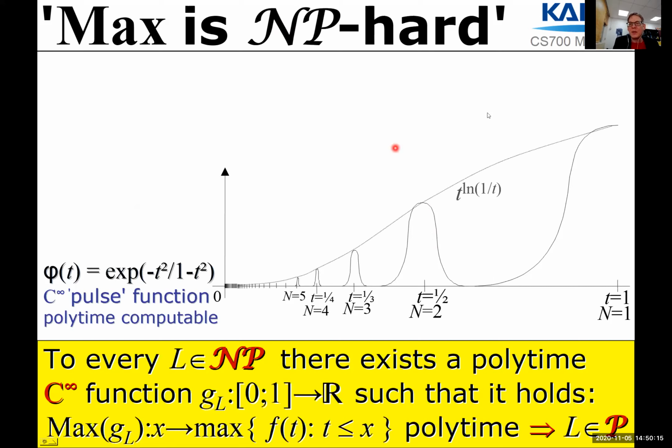And to this end, the following scaling turns out to be sufficient. So we scale the pulses with 2 to the natural logarithm of 1/n. So as you see, as t converges to 0, 1/t converges to infinity.